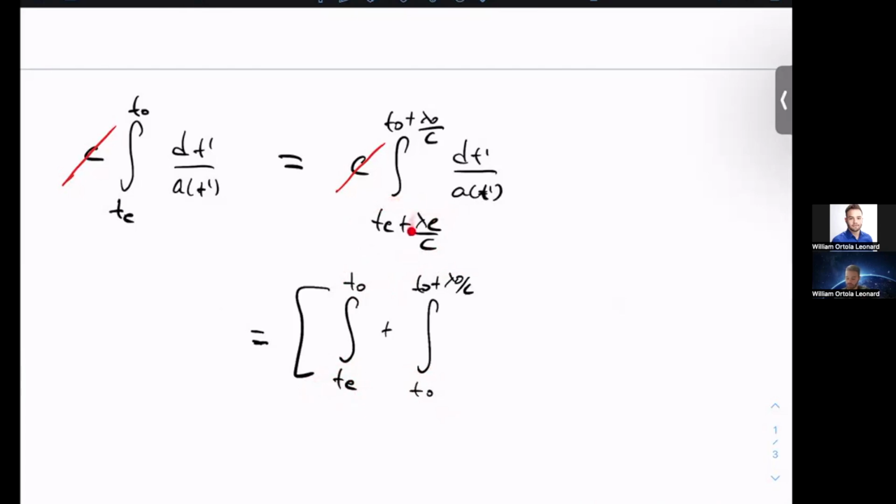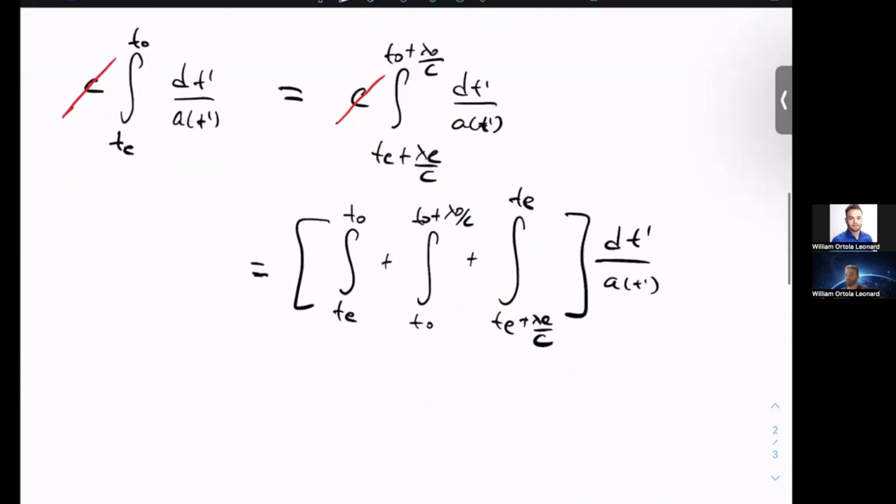We have TE plus lambda E over C. So we include another integral to get rid of the terms that we in reality don't care about. This is kind of like adding 0 to an equation. So this one will cancel out with this one, and at the end of the day we will just end up getting the same limits of integration that we had in the equation above, okay? And this is true because our integrand is not going to change between integrals, right?